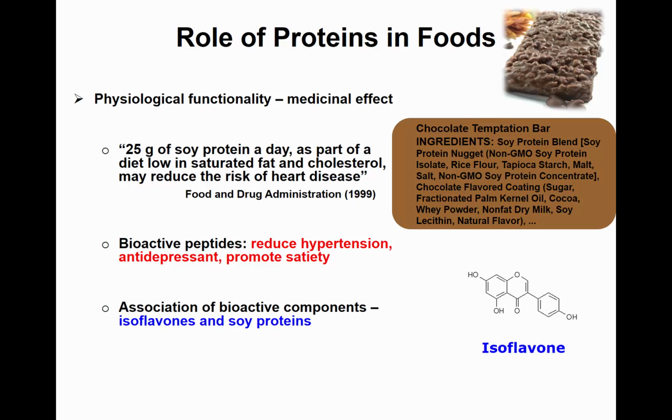In the case of soy protein specifically, they are associated with a category of plant components called isoflavones, which are phytochemicals. They're called phytochemicals because phyto means from plant material, and sometimes they call them phytoestrogen because they simulate estrogen hormone function in the body.